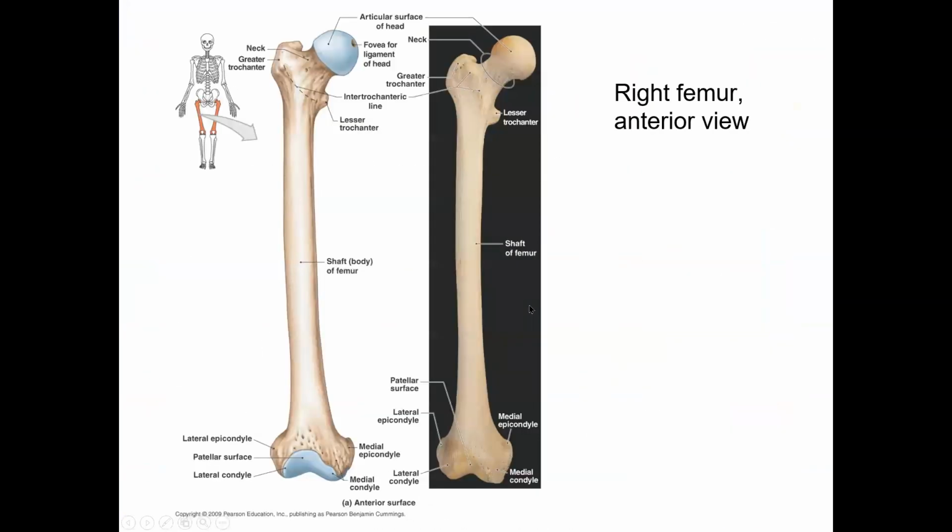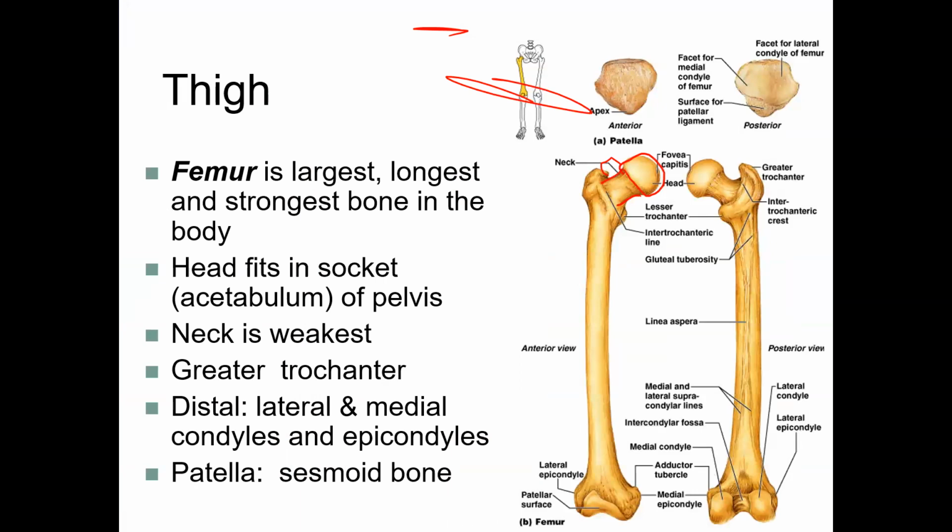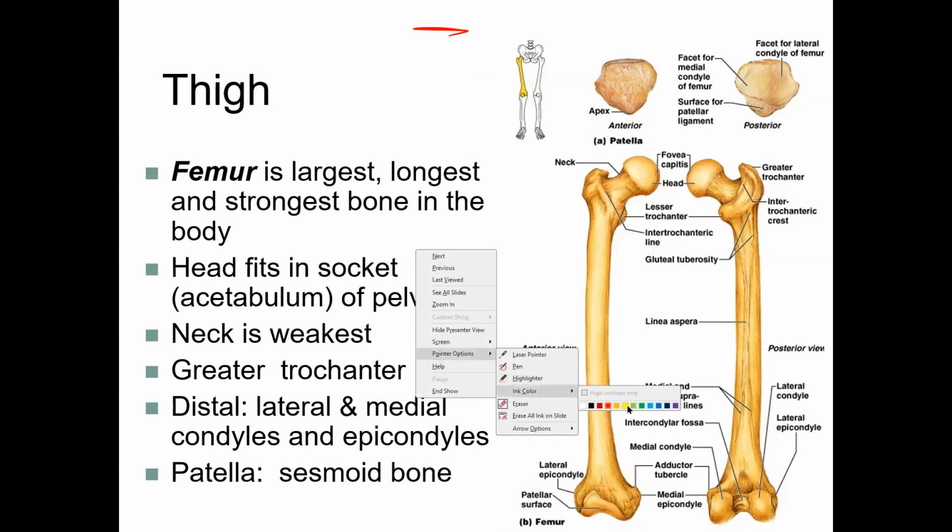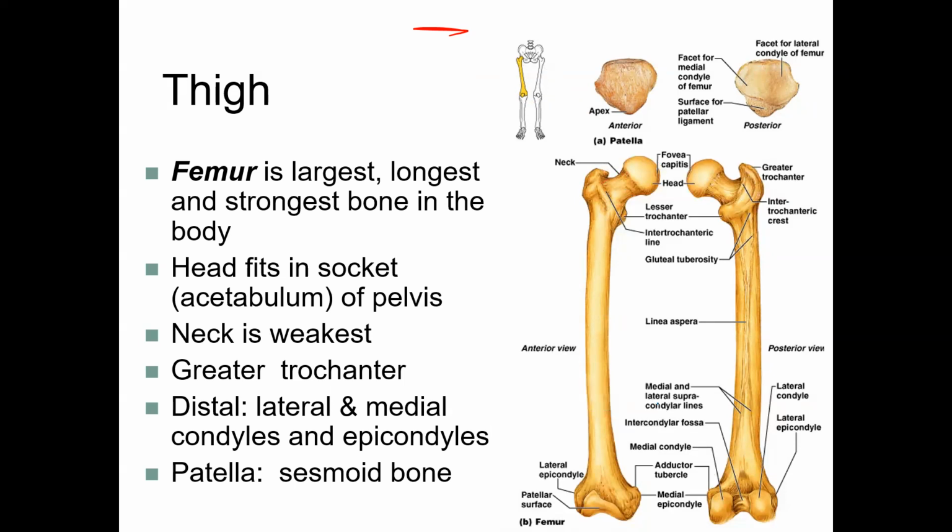Anyway, so back to this. So remember now, the head fits into the acetabulum of the pelvis. The neck, of course, is going to be the weakest part of the system, because if you think about it, when you're standing upright, the weight is coming straight down, right?